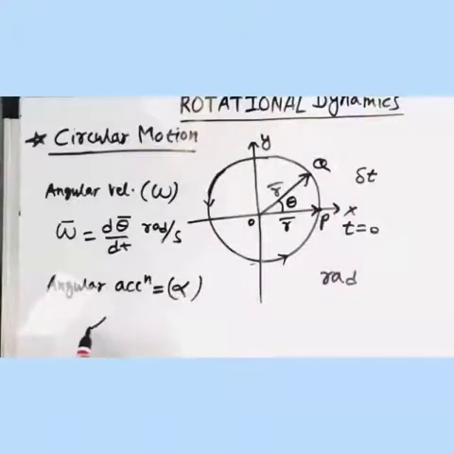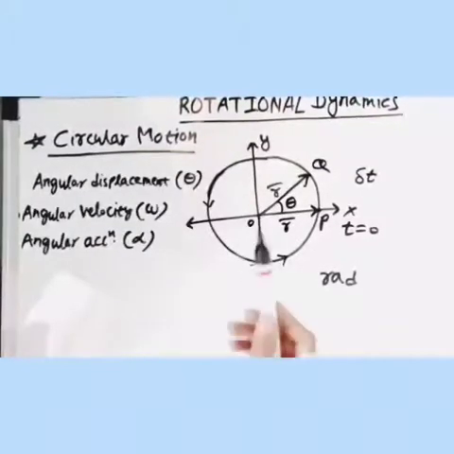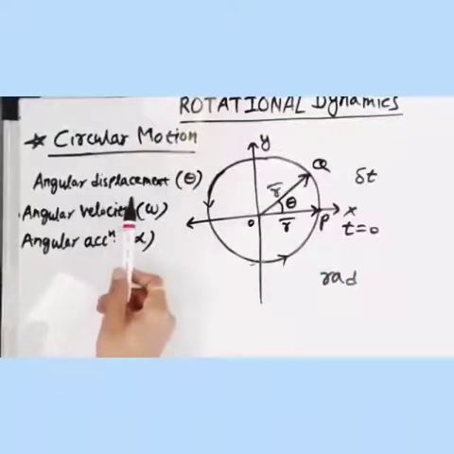Angular acceleration alpha can be defined as the rate of change of angular velocity, that is, the rate of change of angular velocity with respect to time. Angular acceleration is also a vector quantity and can be denoted like this, and its SI unit is radian per second square.